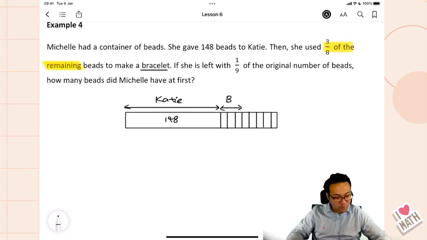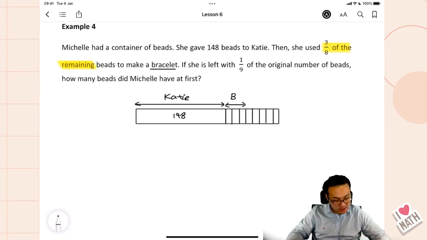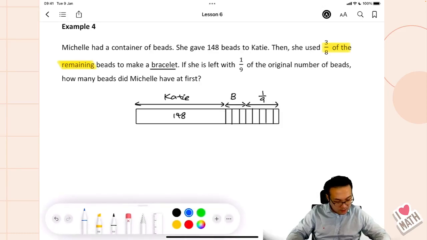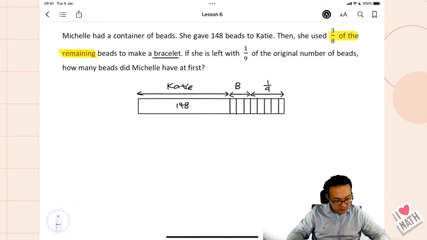She is left with 1 out of 9 of the original amount of beads. So she's left with this amount. This amount is actually 1 over 9 of what? Of the original. That means whatever is left is 1 over 9 of the amount that she started with.